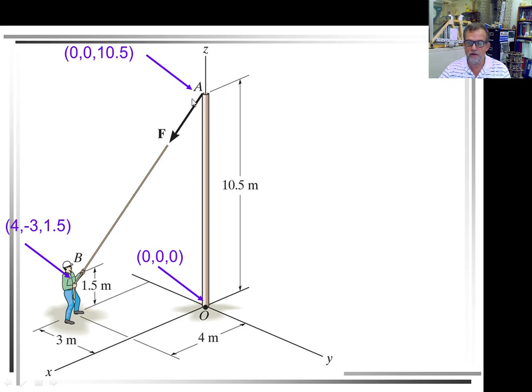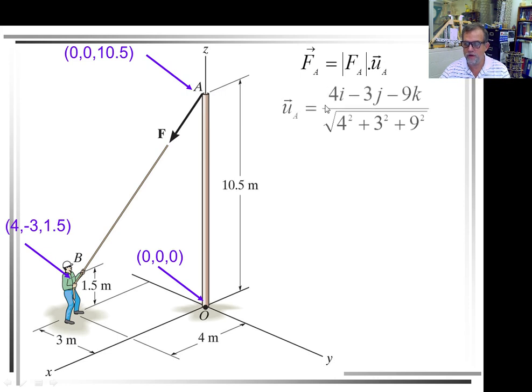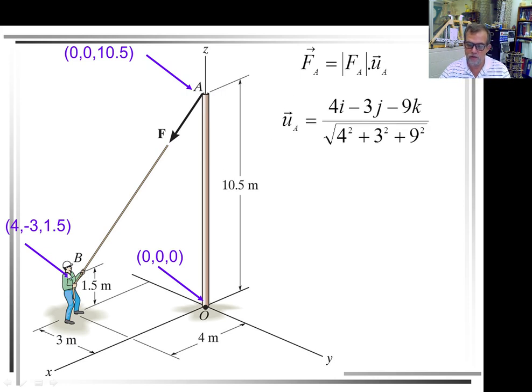How do you find the force F? Find the position vector of the force, BA. How do I find that unit vector? By subtracting 4 minus 0, -3 minus 0, 1.5 minus 10.5. That gives me the position vector.